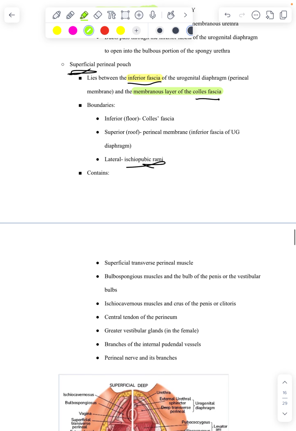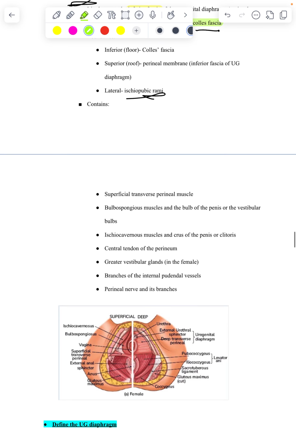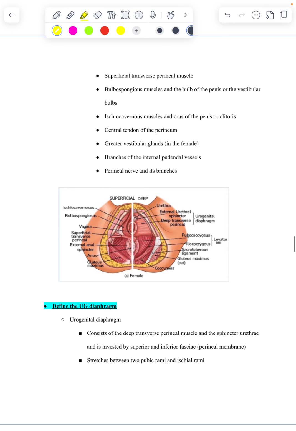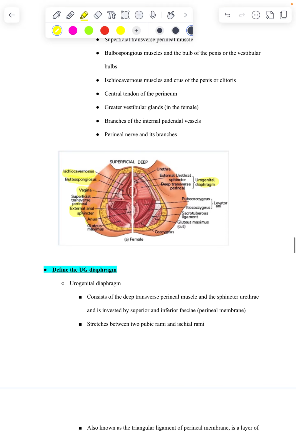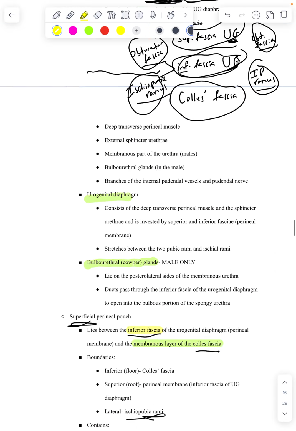The superficial is more of the external stuff, like the vagina, your external anal sphincter, anus, ischiocavernosus, bulbospongiosus, which are the muscles and all that. The deeper stuff would be your urogenital diaphragm and urethra, which is more inside. I don't know how detailed she wants to be with this, but that's how I remember the borders.